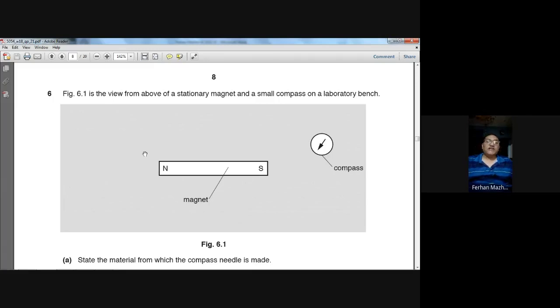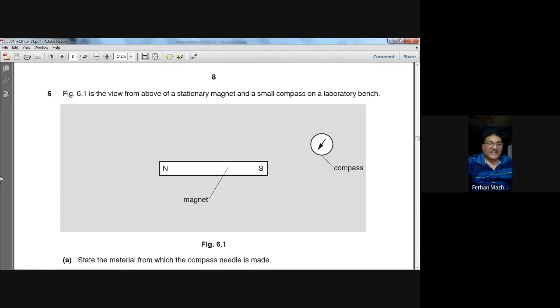You keep on doing this process again and again until you have reached the South Pole. Then you join all those dots which you have just plotted with a curve or with a line. This is a magnetic field line which you have just drawn. And then you can start doing it again from a different spot near the North Pole.